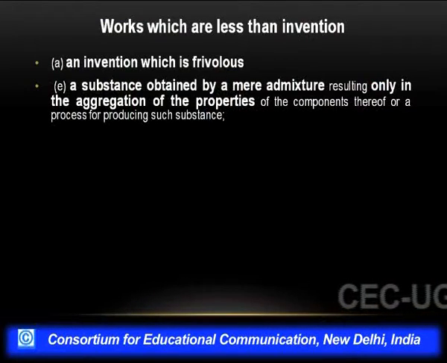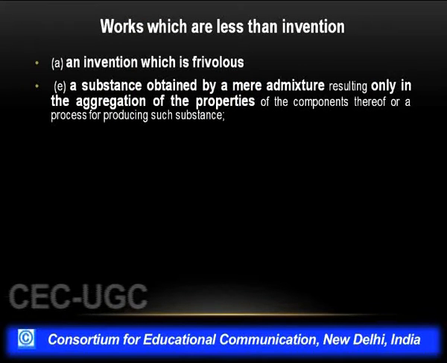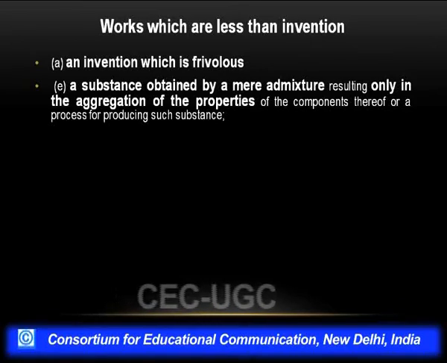It says that a substance which by a mere admixture results into the aggregation of the properties, the inventor is doing what? If you exemplify this clause, the inventor here, the applicant, is just administering two components, and then that admixture, that act of the applicant, results into mere aggregation of the properties of those already existing components.